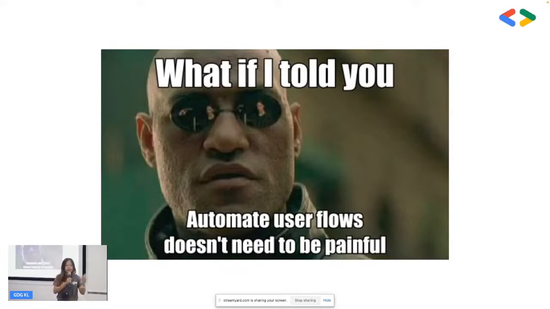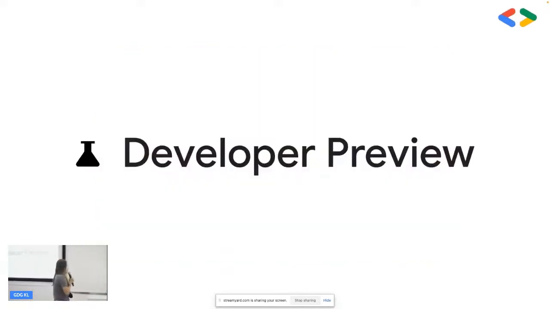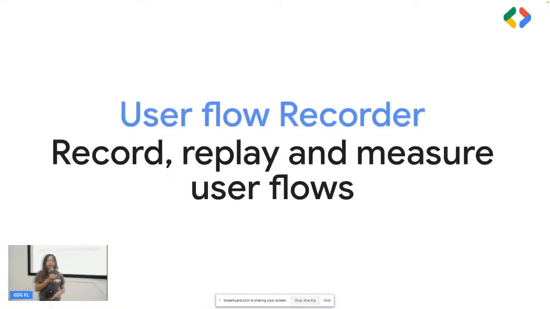Later I will share how you can do it in the browser and outside the browser. This feature is under developer preview now, which means the team is still actively working on it based on the feedback we have. Later I'll tell you how to give us feedback and prioritize the development.